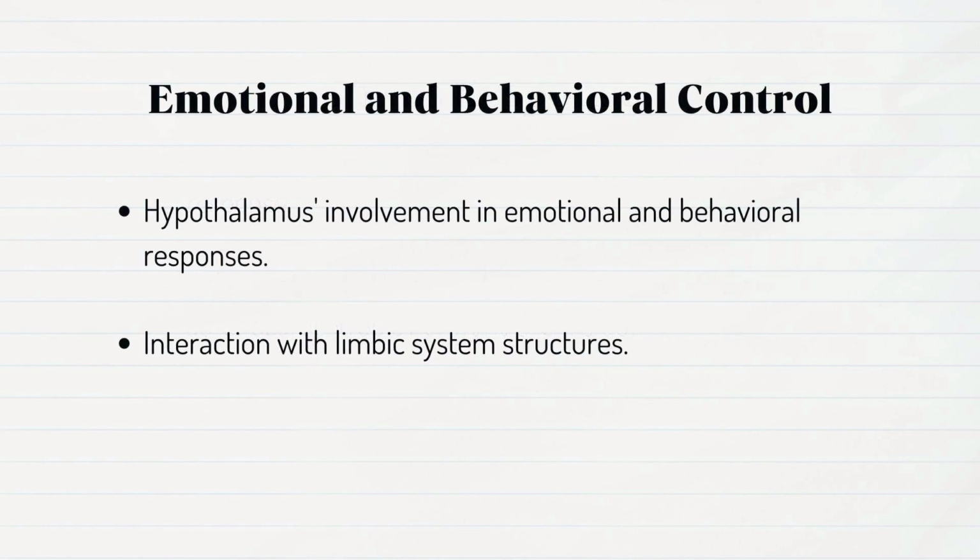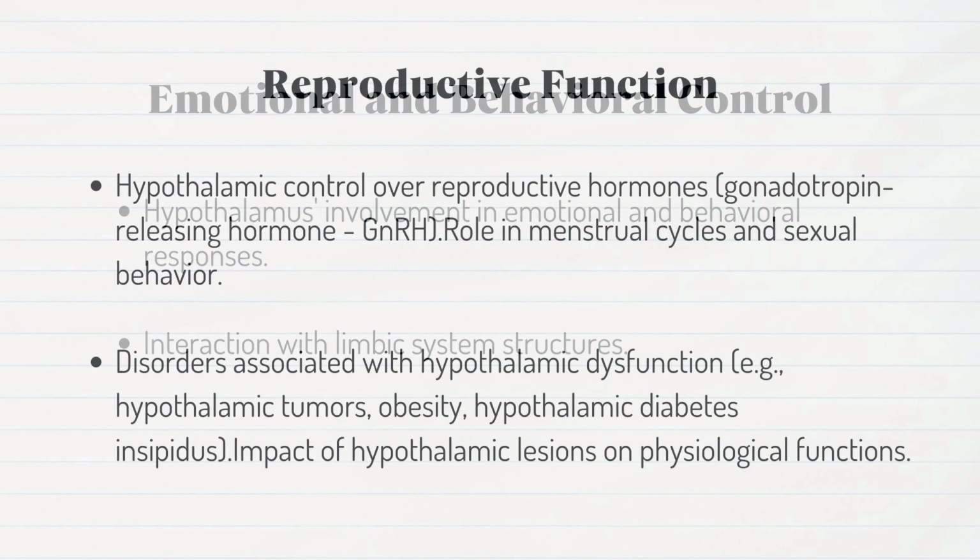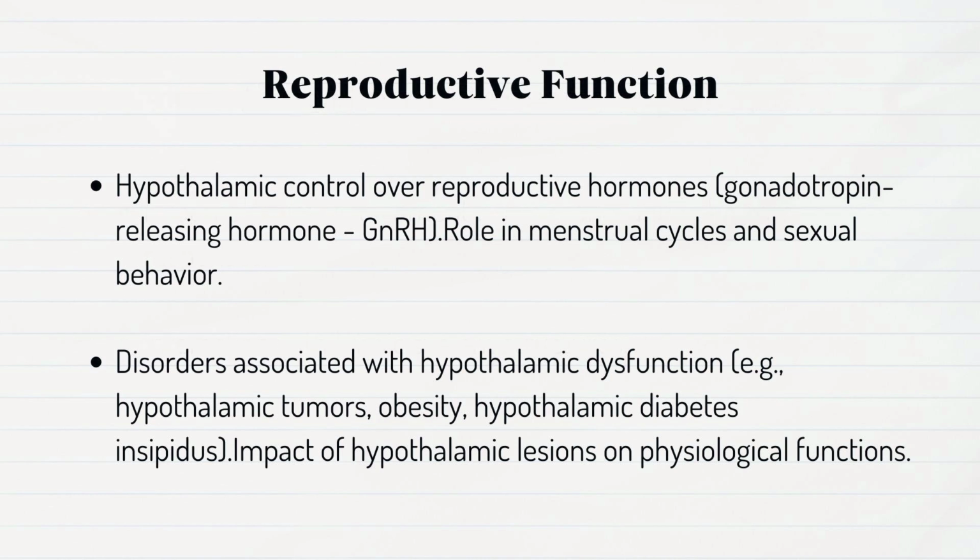In emotional and behavioral control, the hypothalamus is intricately connected to the limbic system, playing a role in our emotional and behavioral responses. We should know the reproductive hormones are controlled by the hypothalamus, particularly gonadotropin releasing hormone. This hormone regulates menstrual cycles and sexual behavior.